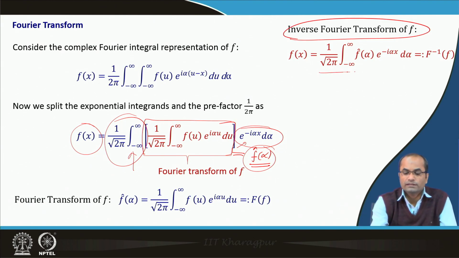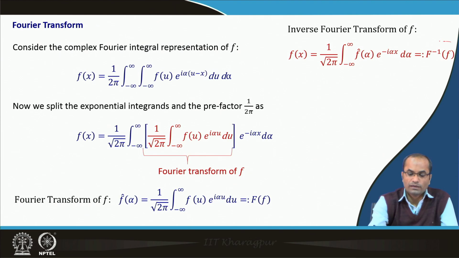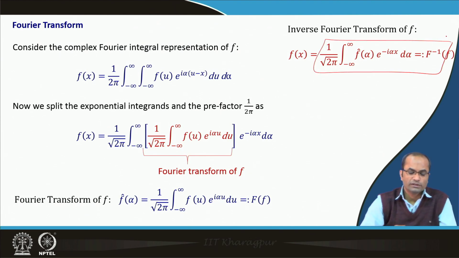It is given by this formula: f x is equal to 1 over square root 2 pi, minus infinity to plus infinity, f hat alpha e power minus I alpha x d alpha, and the notation we use is the inverse of F operated on f hat. So, the inverse Fourier transform is given by this formula. So, what is the difference?